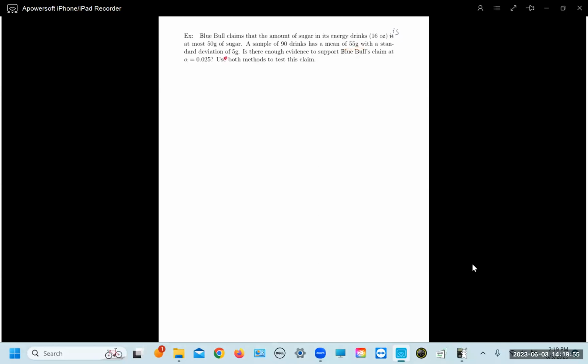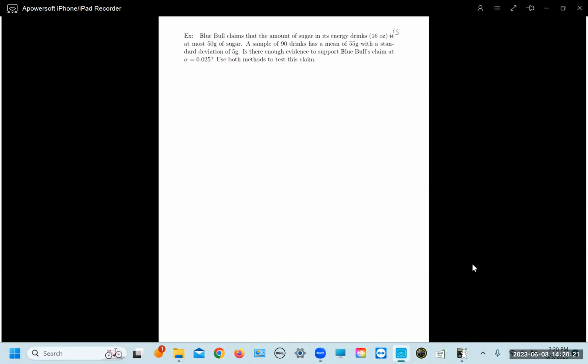The standard deviation is 5 grams. Is that enough evidence to support the Blue Bowl claim? We have alpha is 0.025. We use both methods for the test.